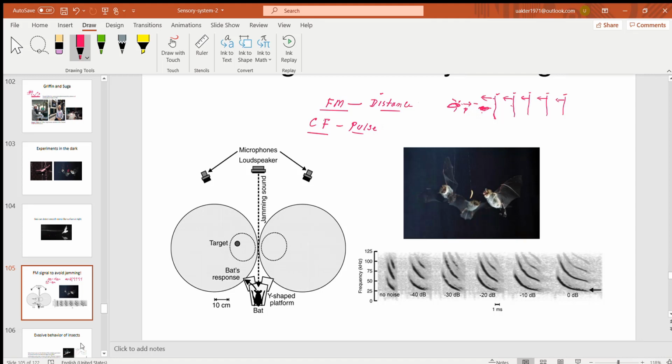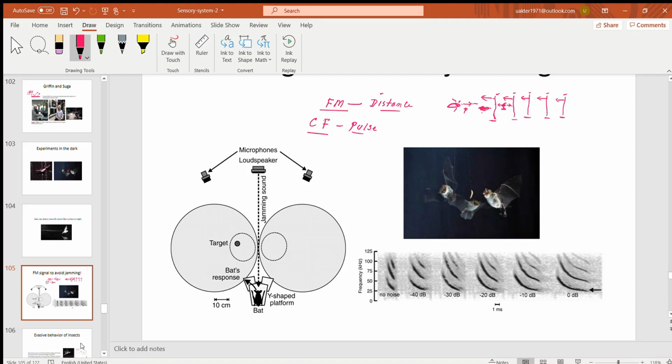And now if any small prey like an insect is flying here, if the insect moves towards the bat or away from the bat, the bat can detect that. How? Because all these things will be considered as background.